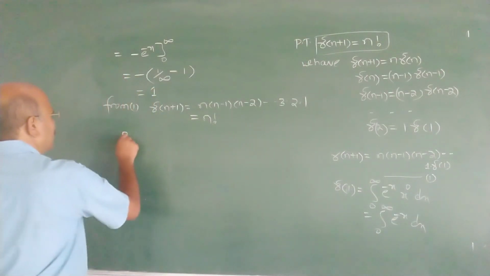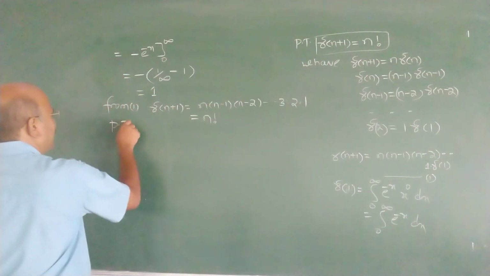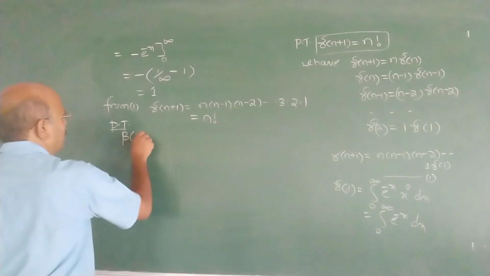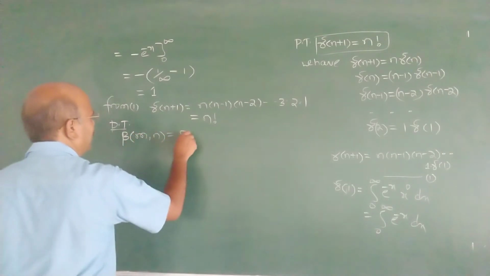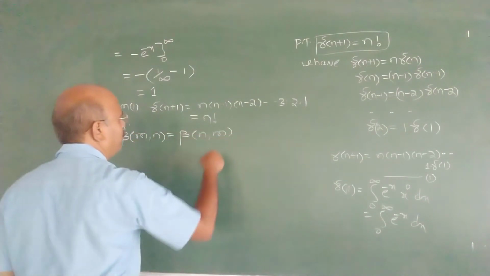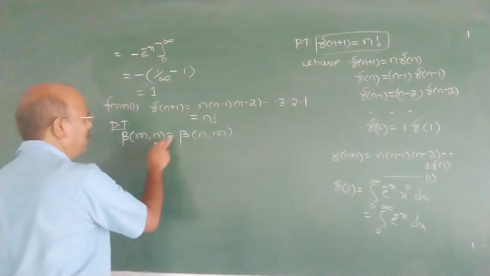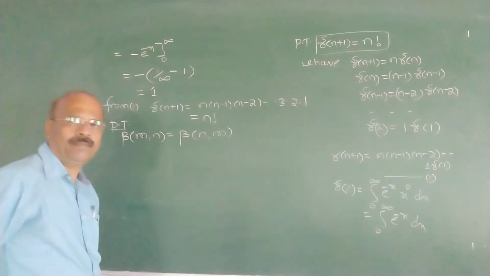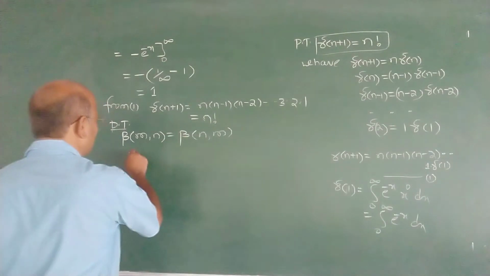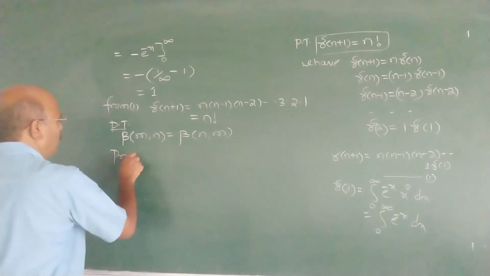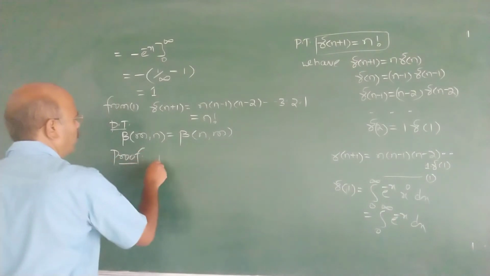Next result is the symmetry of the beta function. Prove that beta mn is beta nm. Important result. It is symmetric. Now to prove this, we have beta mn.